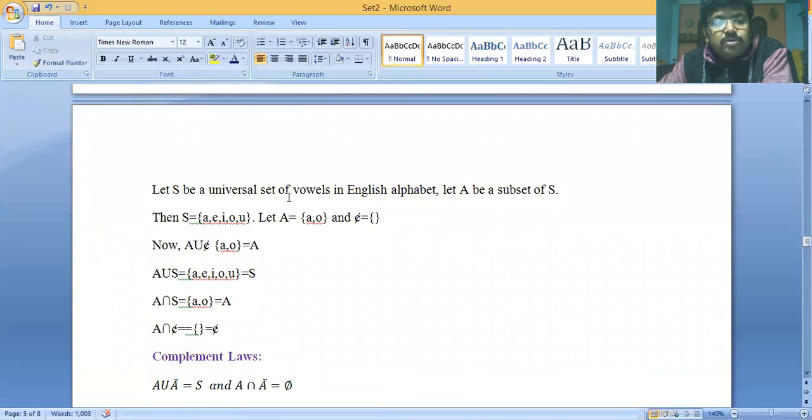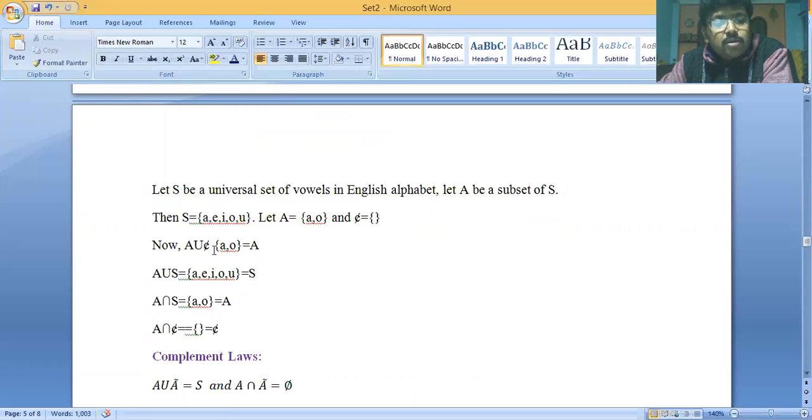Let S be a universal set of vowels in the English alphabet, and let A be a subset of S. Now S is the universal set that has the elements A, E, I, O, U, all the vowels, and A is a subset of these, A, O, and null set. No element is there.